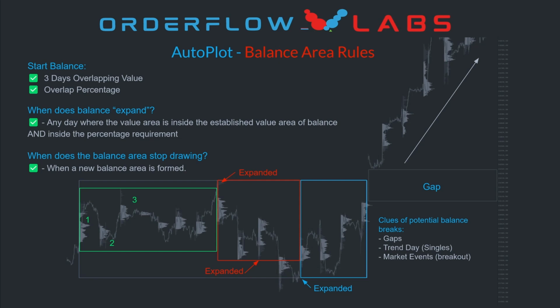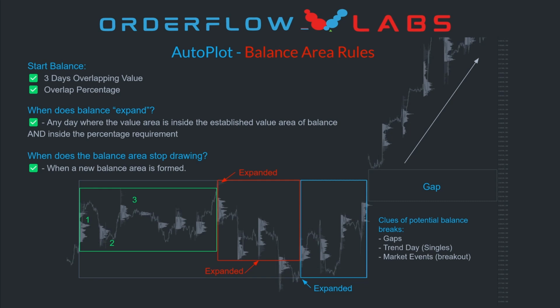It also does have to meet that percentage threshold requirement such that it eliminates some of those spots where it's just a small overlap, but not enough to make sense. So again, similar rules to expand balance as to start balance.